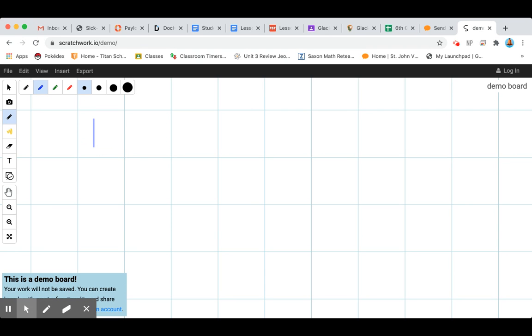And when the sum of 5 and 6, so we have the sum of 5 and 6, so I'm going to add these two up, is subtracted from the product of 5 and 6, we want to know what the difference is. So we've got to take the product of 5 and 6.